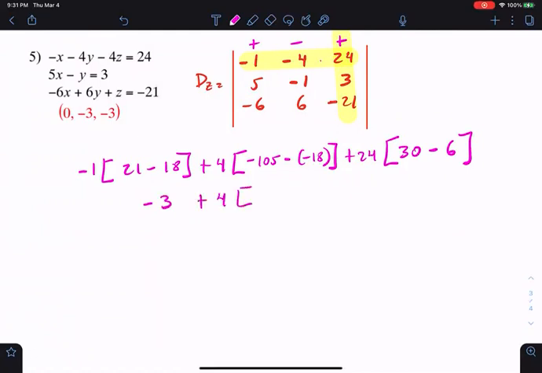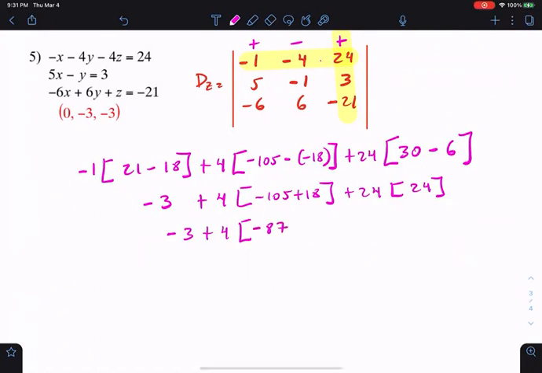Here we have -105 plus 18 plus 24, and this is 24. So we compute this, -3 plus 4, and this is 20 less, so that would be 87. Like we compute before this number. So this is -87. And then this is +24 and 24.